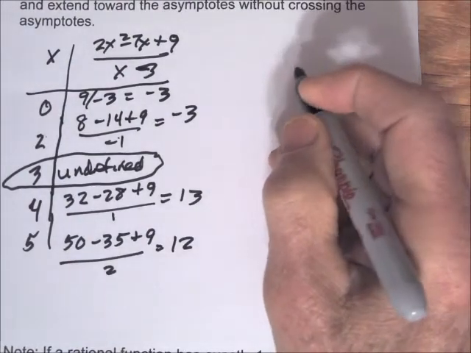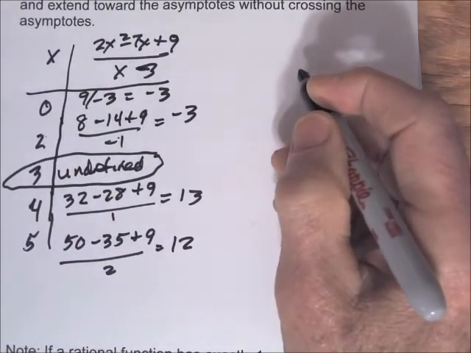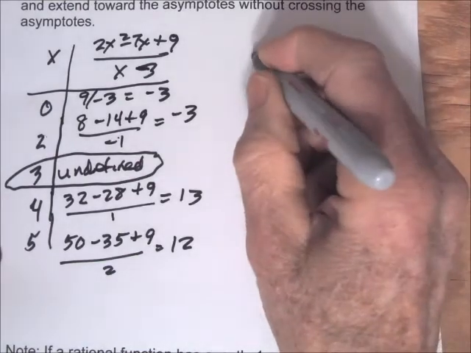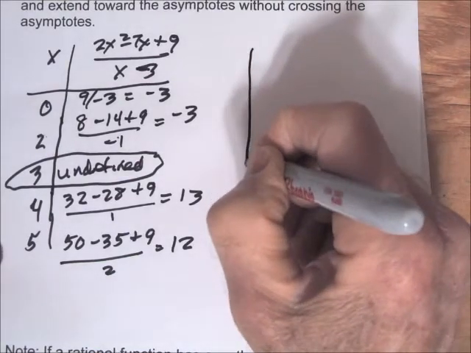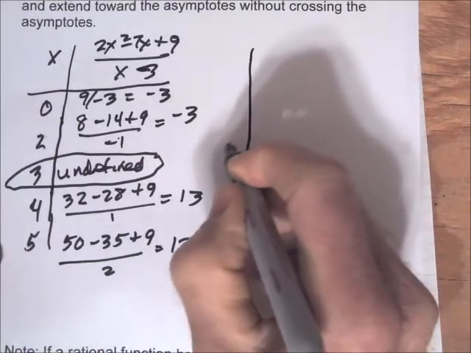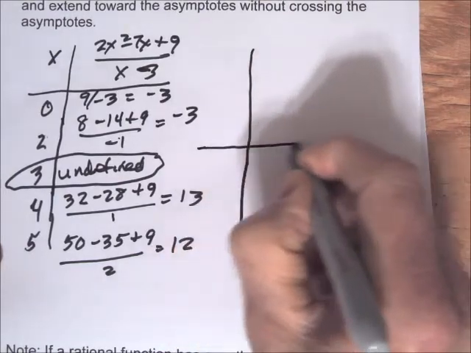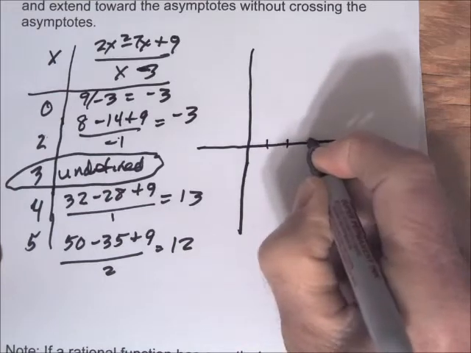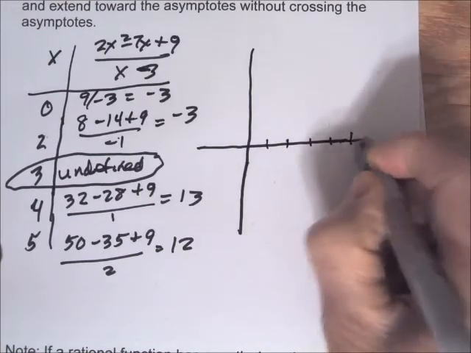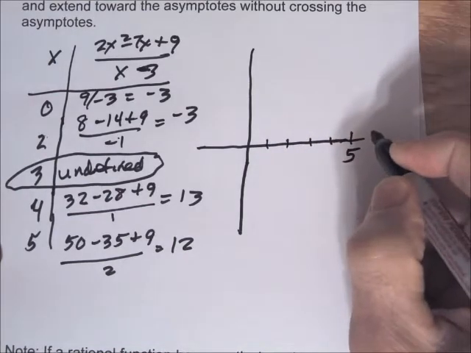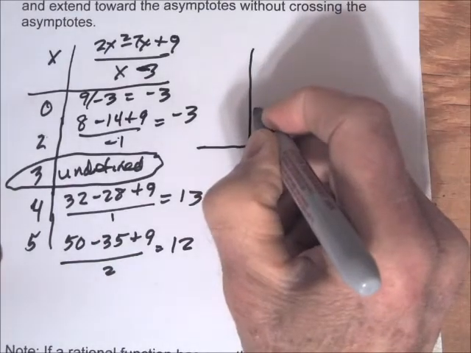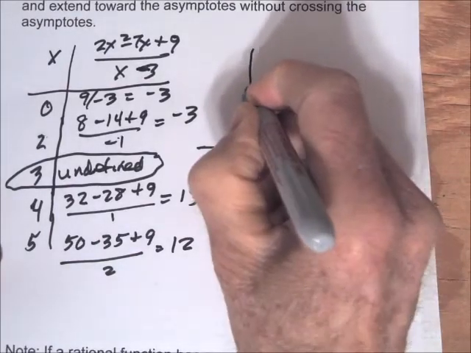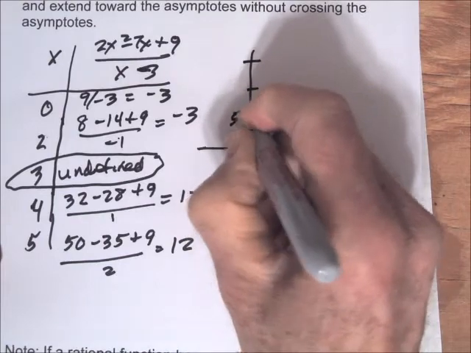Okay. So then we want to draw a coordinate system and plot the points. Let's say 1, 2, 3, 4, 5. And we want to go at least up to, let's say 5, 10, 15.